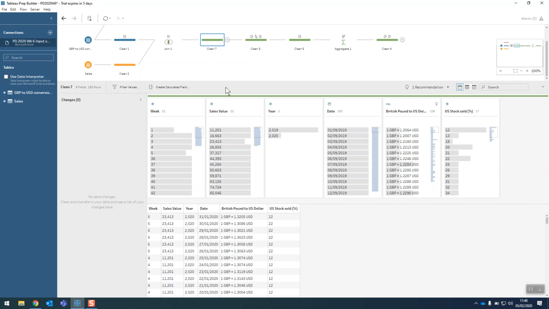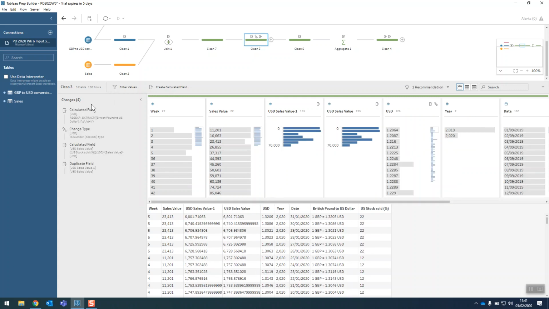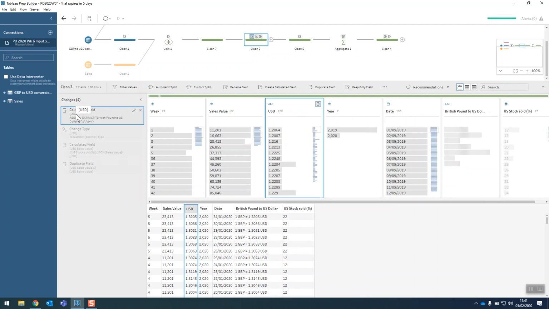So what we're going to want to do is extract this conversion rate, this number here, and multiply it by the sales value times the percentage of it that's US. That's what we're going to do in this step here.